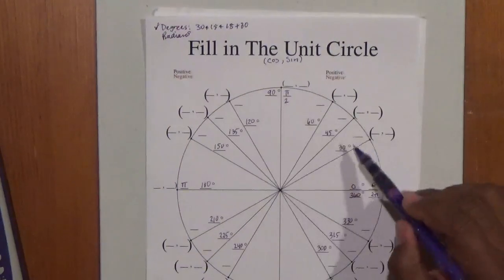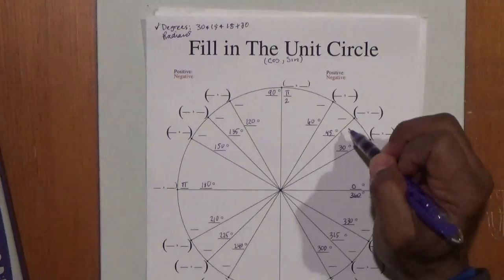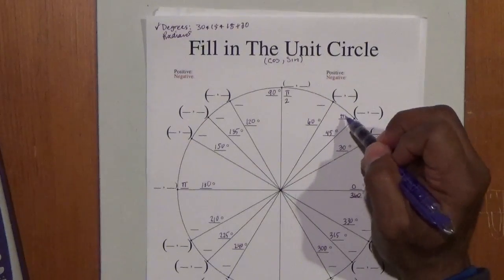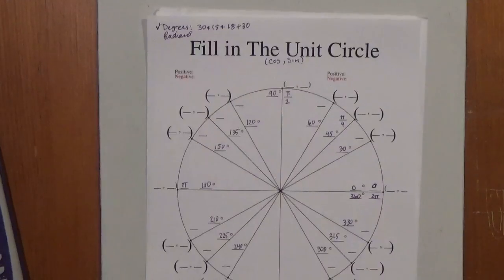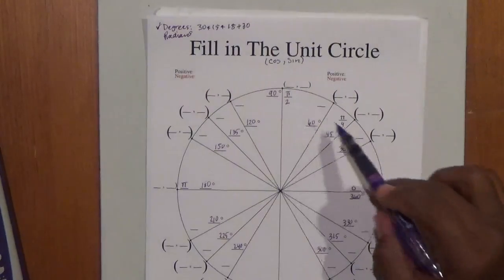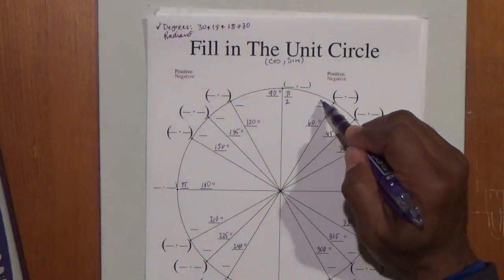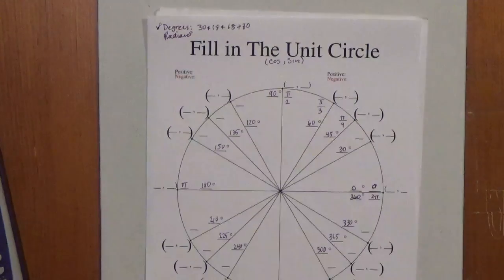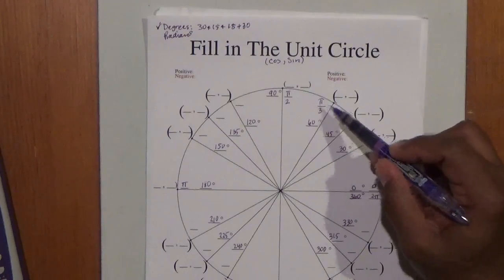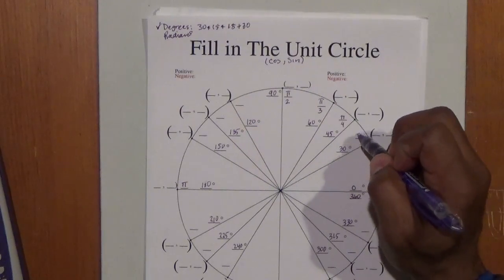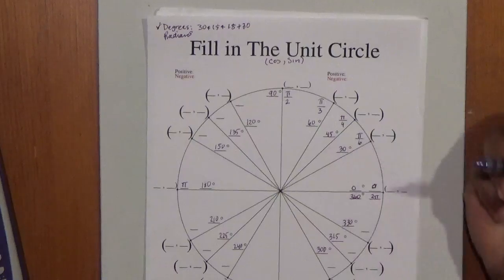Half of pi over 2, half of 90, 45, so half of that would be pi over 4. Then you see your denominators are 2 and 4 here. This one is pi over 3, and that helps us to get pi over 3 and pi over 6 straight. So this is pi over 6.